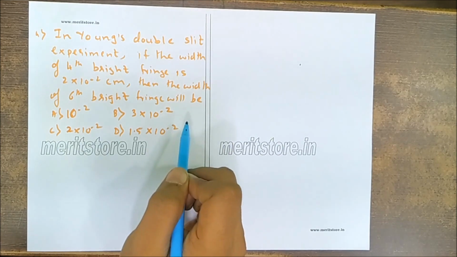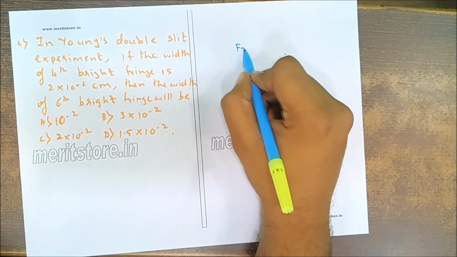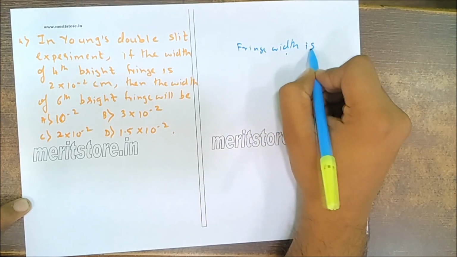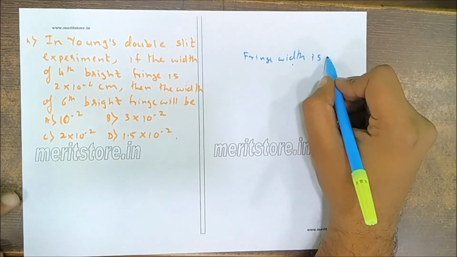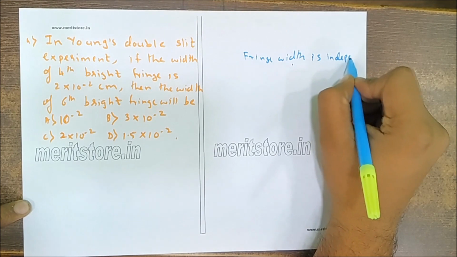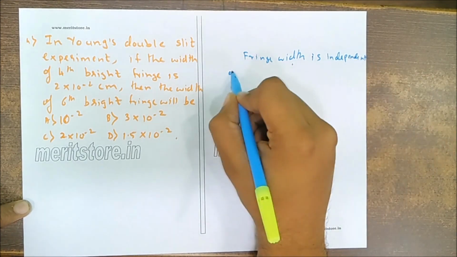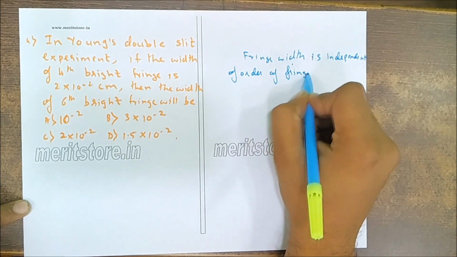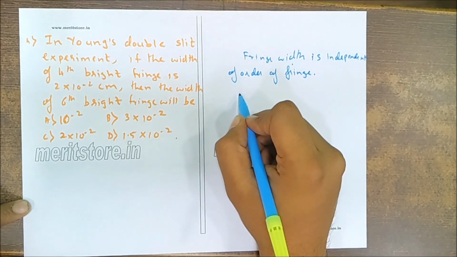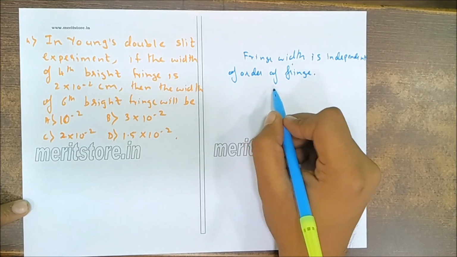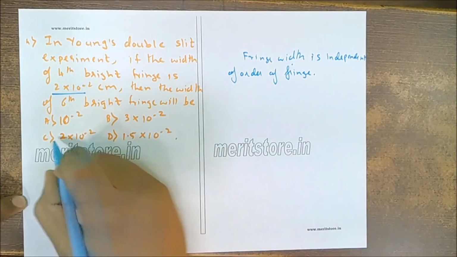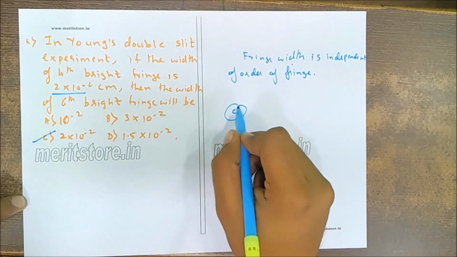But we know that the fringe width is independent of the order of the fringe. Therefore we can say that the answer will remain the same as 2 into 10 raised to minus 2. Option C.